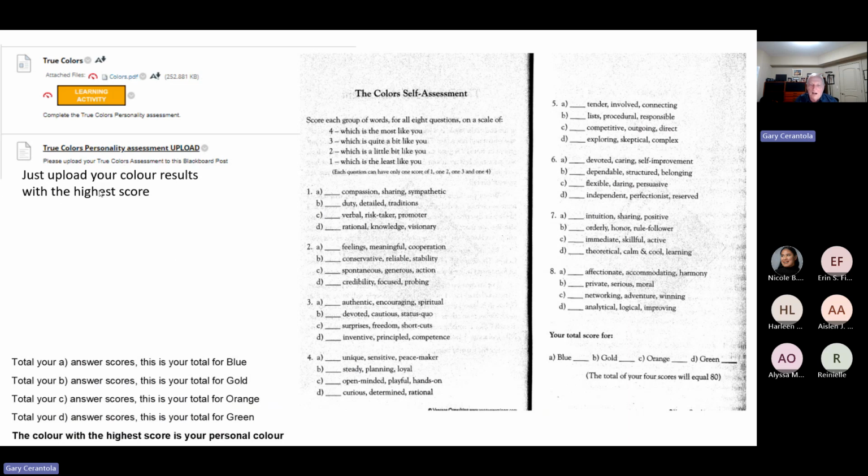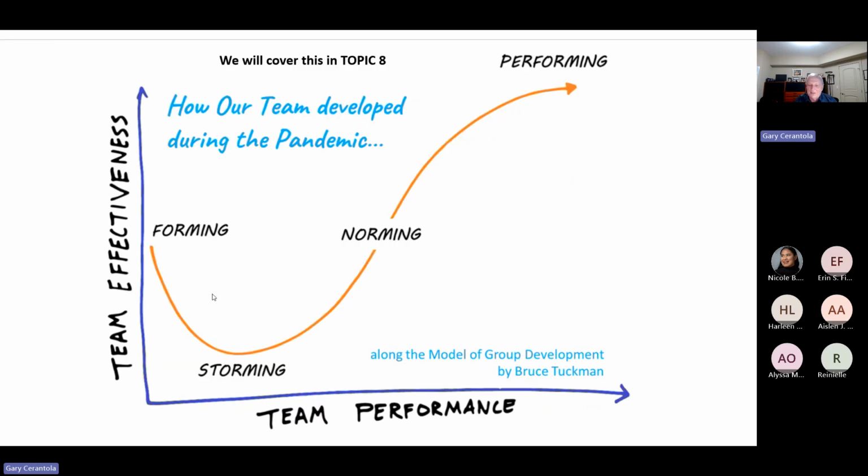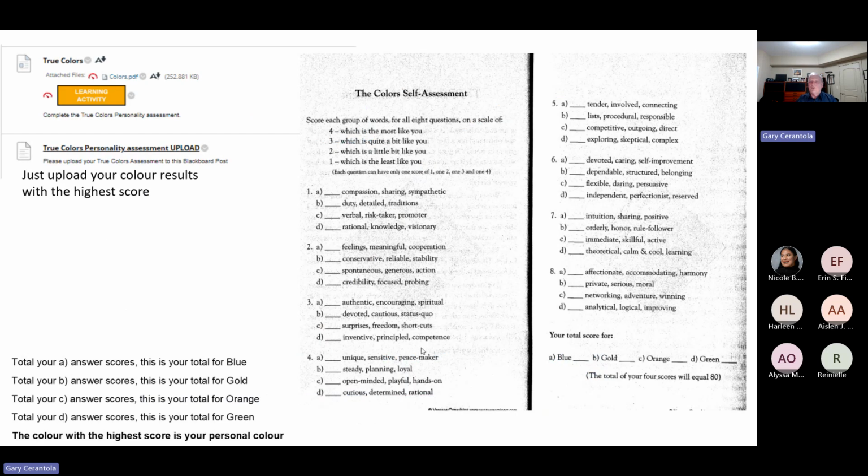I want you just to upload your color results with the highest score. You don't have to show me this piece. Just give me the results, and that's the requirement. We're going to talk about that as I get into the next slides.